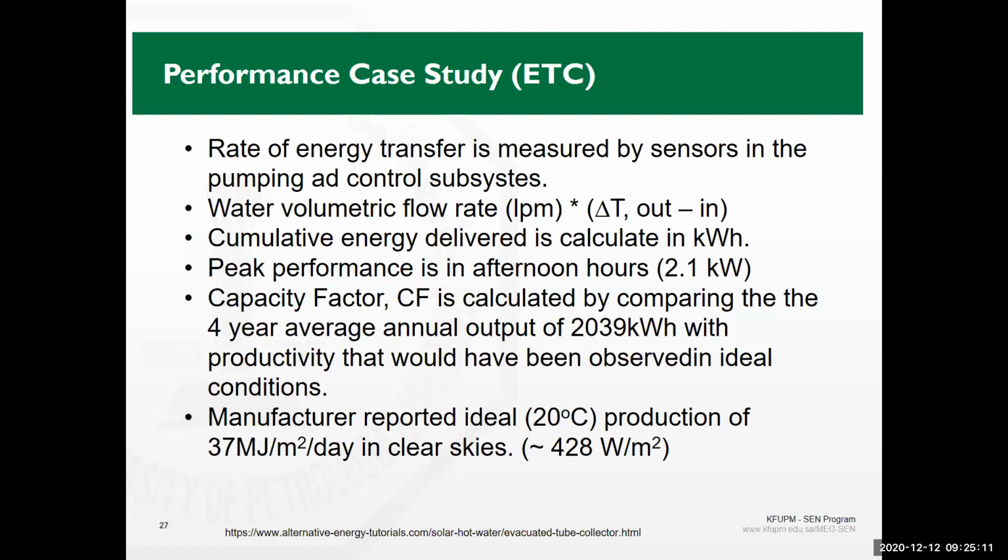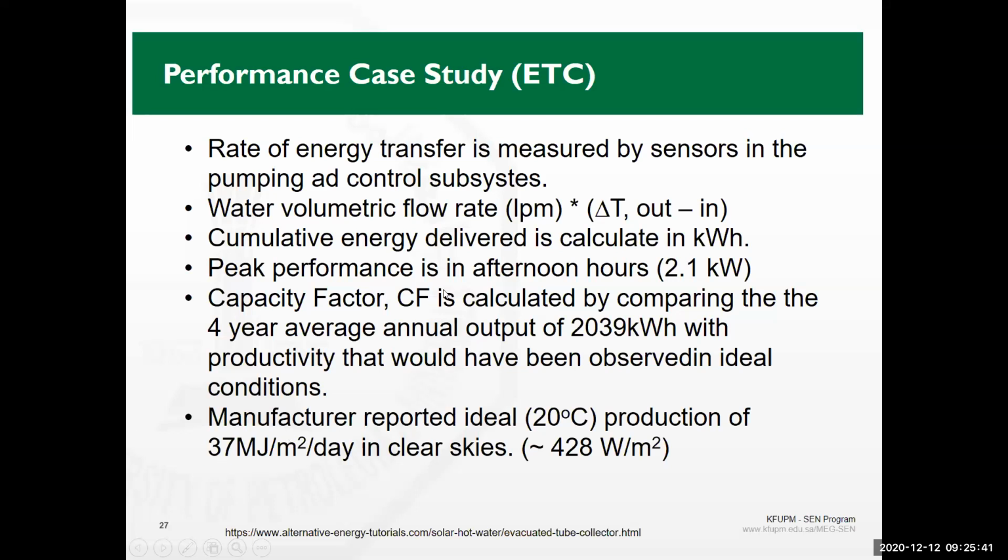The ideal conditions for testing for the manufacturers is you have a water flow in at a temperature of 20 degrees centigrade, and with a certain amount of flux, the one given here is about 428 watt per meter square. So if all the water is coming at a constant temperature of 20 and you have a steady solar collection of 428 watt per meter square, then this is what you expect to be obtained in a clear sky.